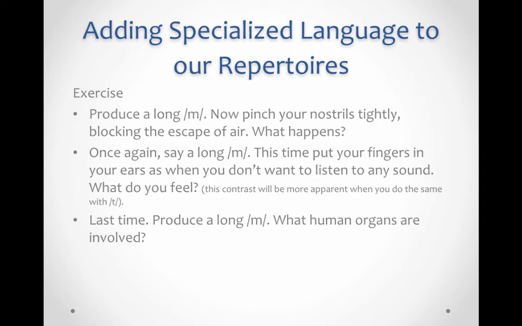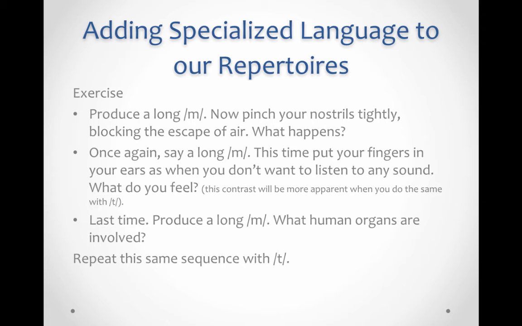Last time, let's pronounce a long m. What human organs are involved? Can you tell? Now, repeat this same sequence with t. So, pronounce t and then pinch your nostrils tightly.